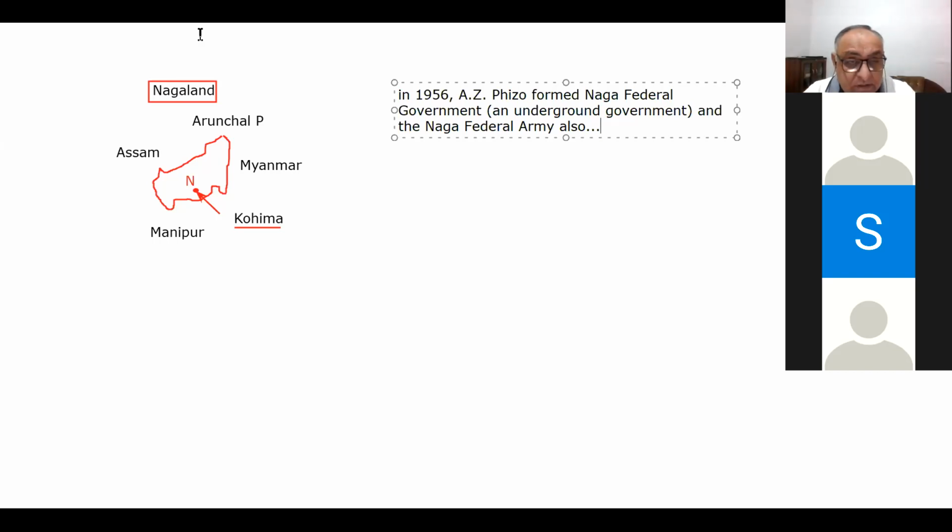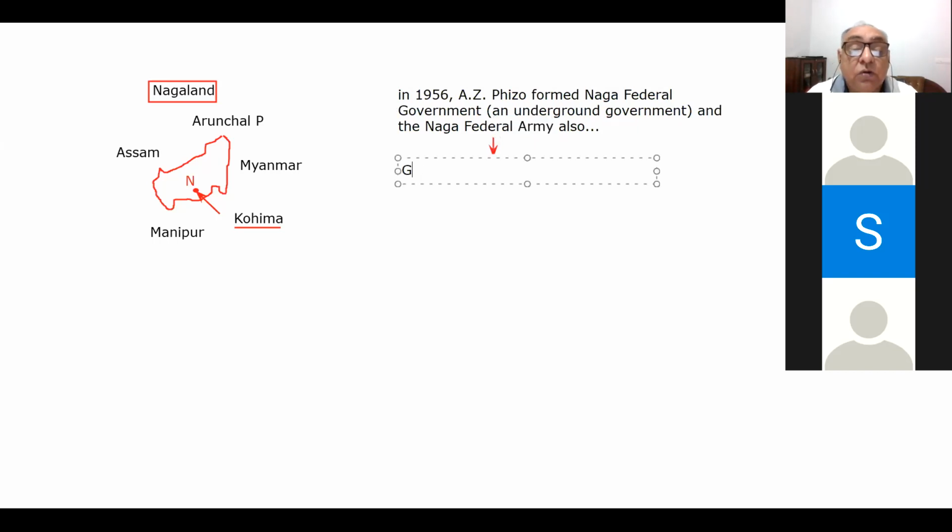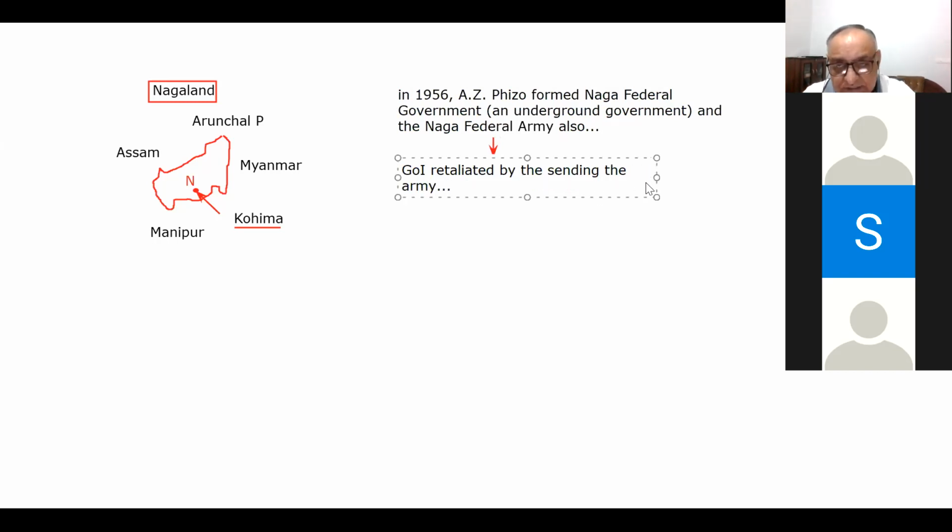So then what happened? Government of India retaliated by sending the army, जैसे मिजोरम में हुआ था, right? Government of India को अपनी आर्मी वहाँ भेजने की जरूरत पड़ी, right?